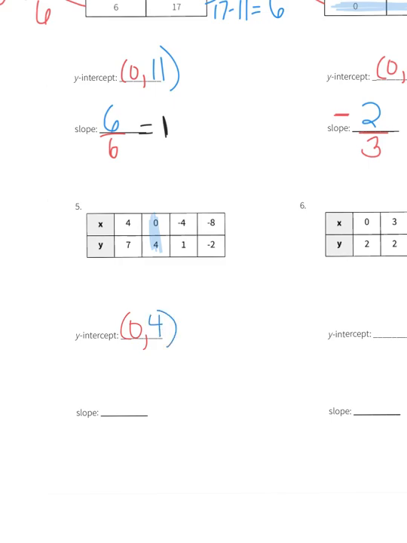Now that I found my y-intercept, I'm going to find my change in y over my change in x. And remember, we always start with that second point. So for this one, you guys, it's 4 minus 7, and that equals negative 3. And then for this one, we have 0 minus 4, and that is equal to negative 4.